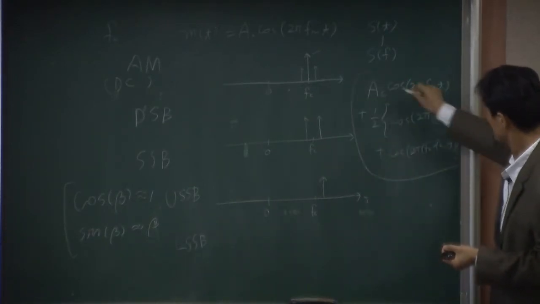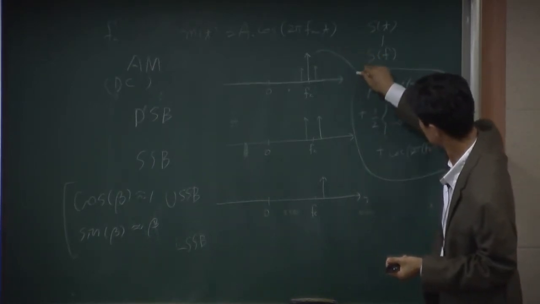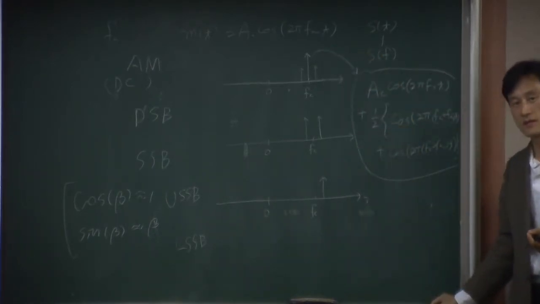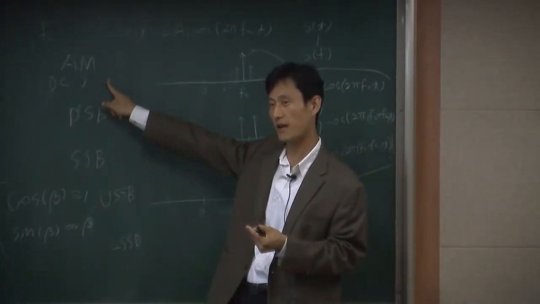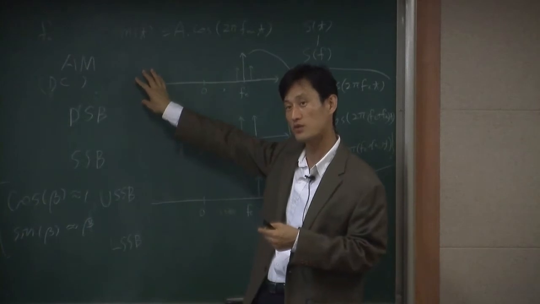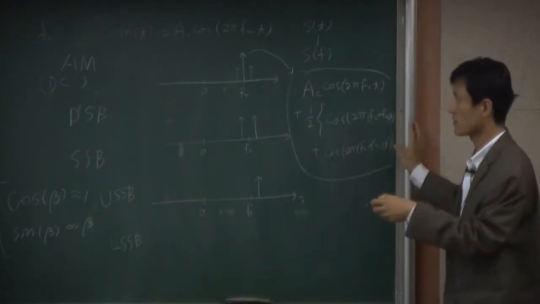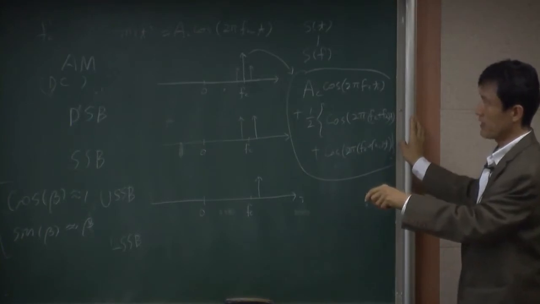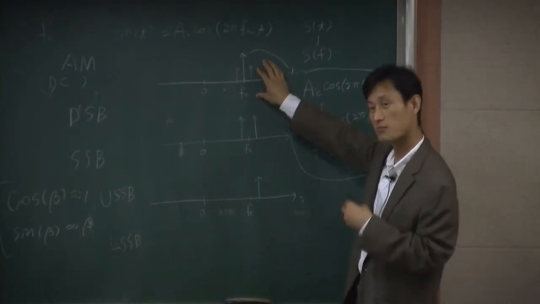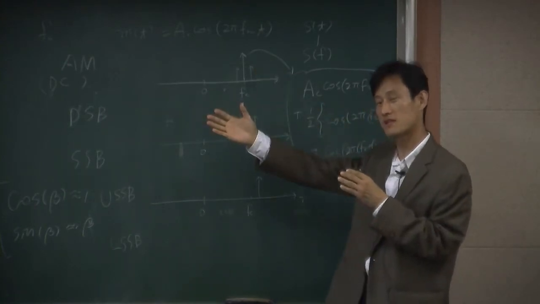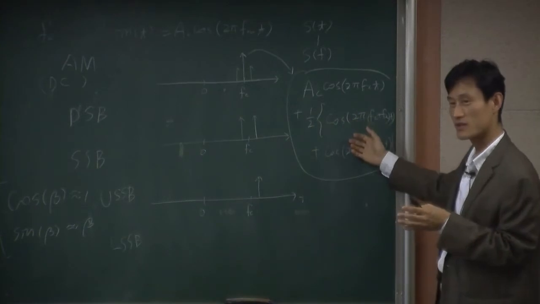This is the same as this one. So that was the output when we have the DC added amplitude modulation. I'm talking about amplitude modulation, which we learned several weeks ago. When you have DC added amplitude modulation, we got this as the spectrum for the transmitted signal, and when you write it in equation form, this is the equation.